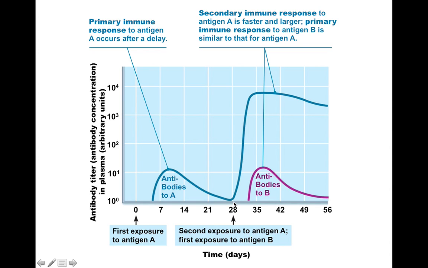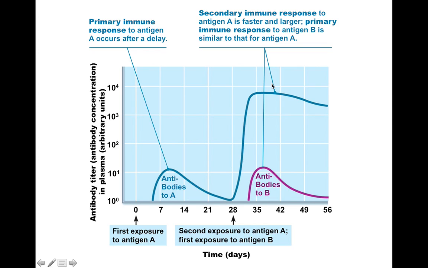Yeah, it's like getting a secondary response without ever being infected to begin with. So you can stimulate a primary immune response without ever having to be infected. That way, when you do get infected, your secondary response occurs more quickly and is more dramatic. That's the rationale behind vaccination.